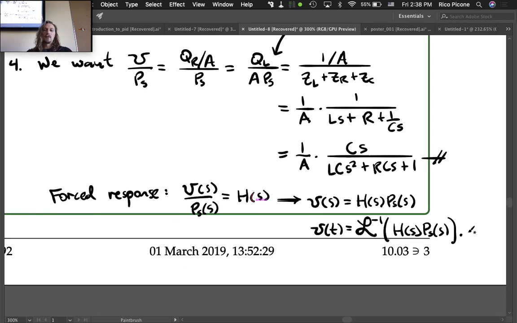And that's your forced response. That would be the answer. That inverse Laplace transform might be painful, but it would be the solution.